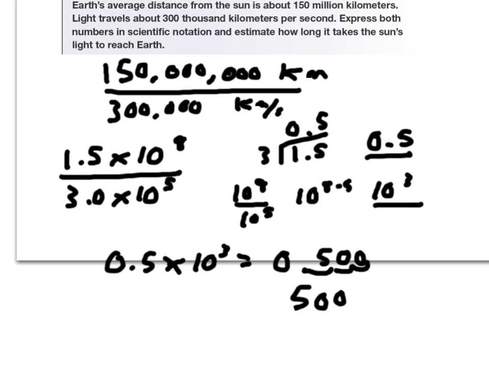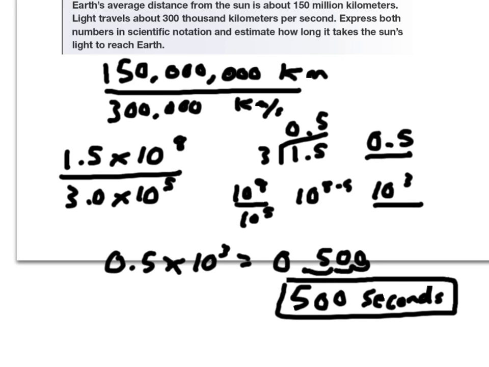Okay, and that's 500 seconds. So 500 seconds is the answer to this one. That's about how long it takes the sun's light to reach the Earth when it shines.